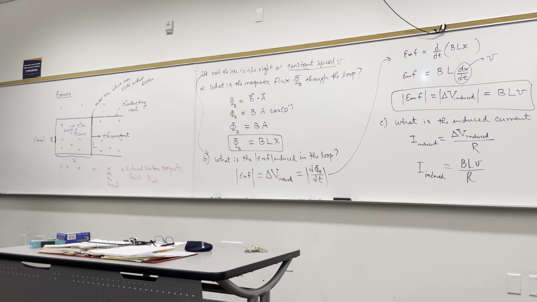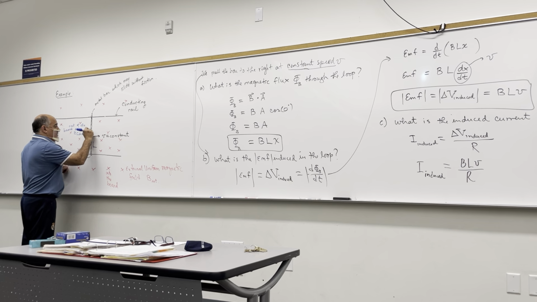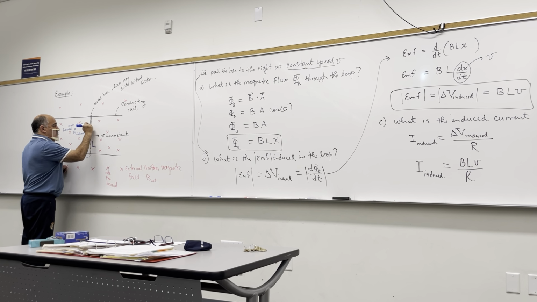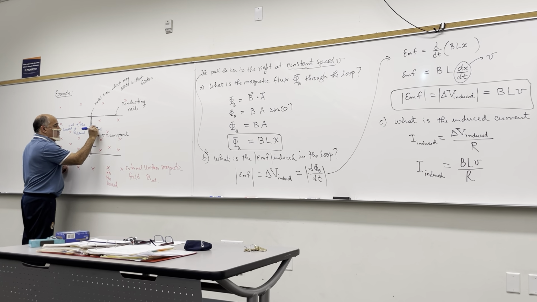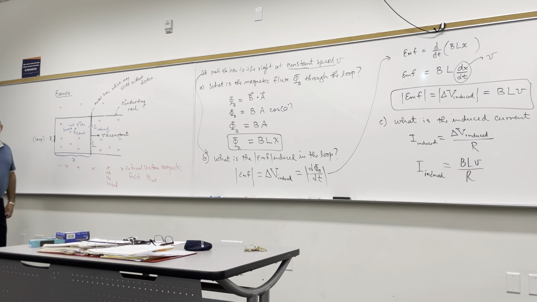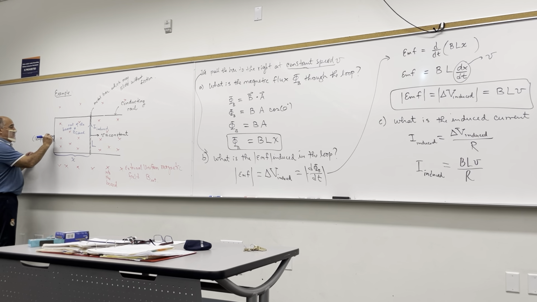Does it have to be up the bar or down the bar? It would have to be up the bar. In the resistor, will it be up or down the resistor? Down the resistor. Please be careful.